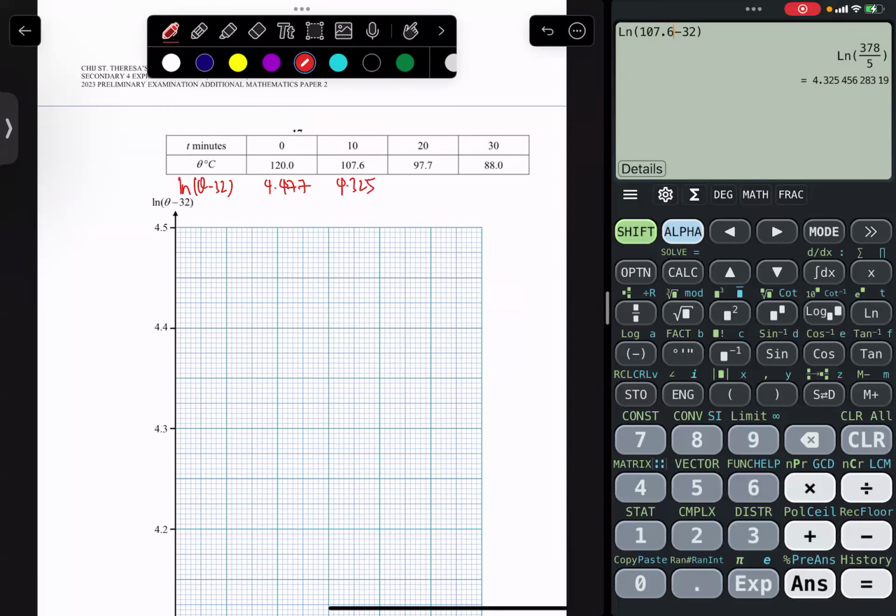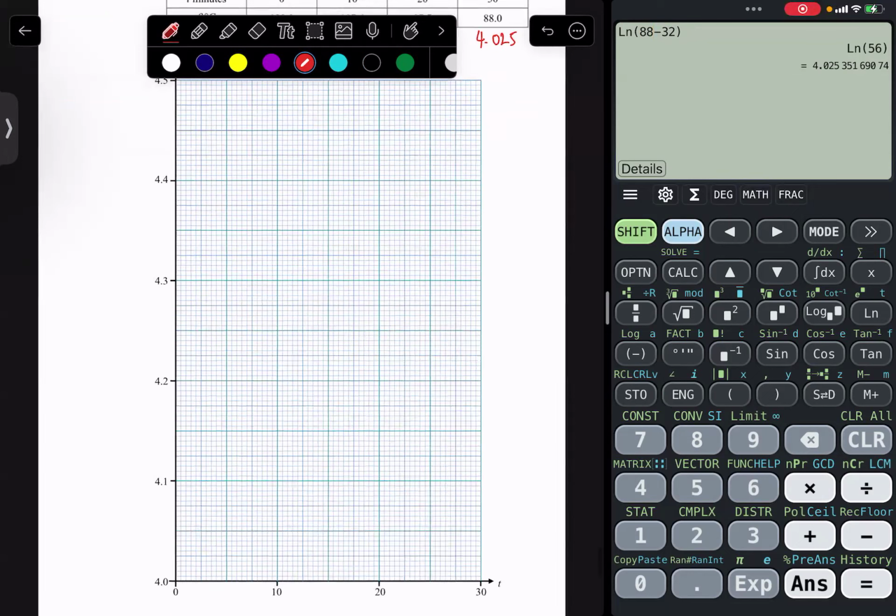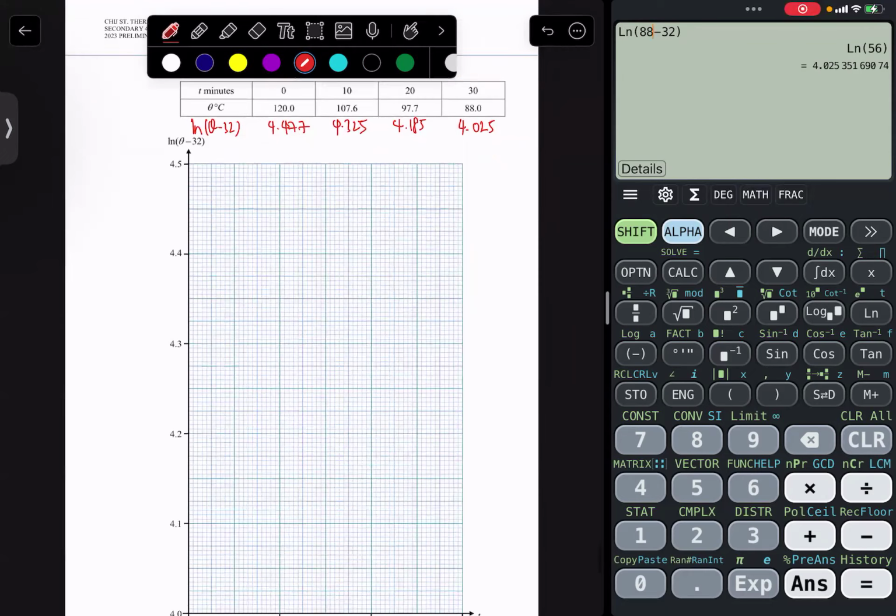Okay, and then we have 97.7, 4.185, and 4.025, for t equals 10, 20, 30.